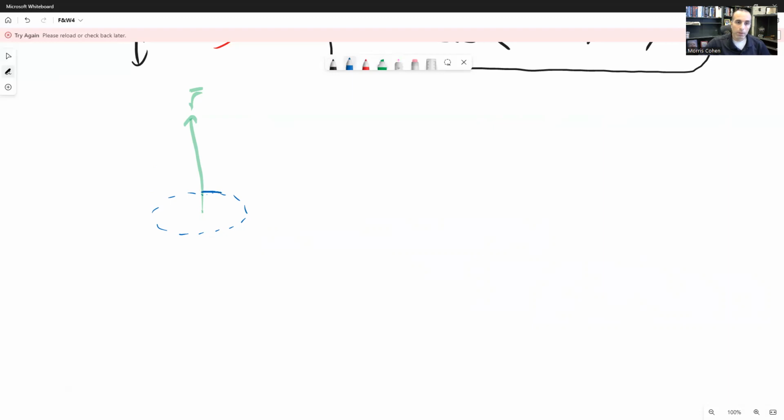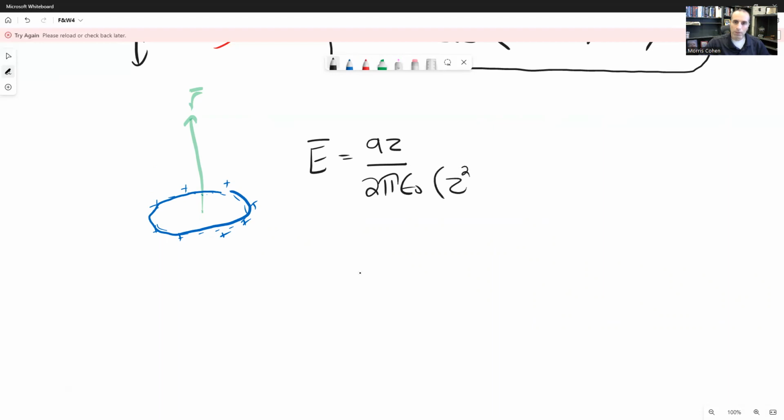But this ring has uniform charge distributed along it, so positive charges distributed around like that in a circle, in which case the electric field equals A times Z divided by 2 pi epsilon naught times Z squared plus A squared to the 3 halves. And this will be in the r hat direction.